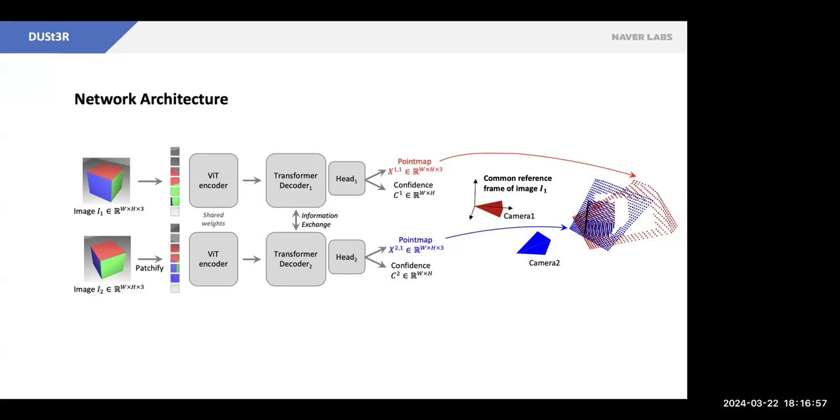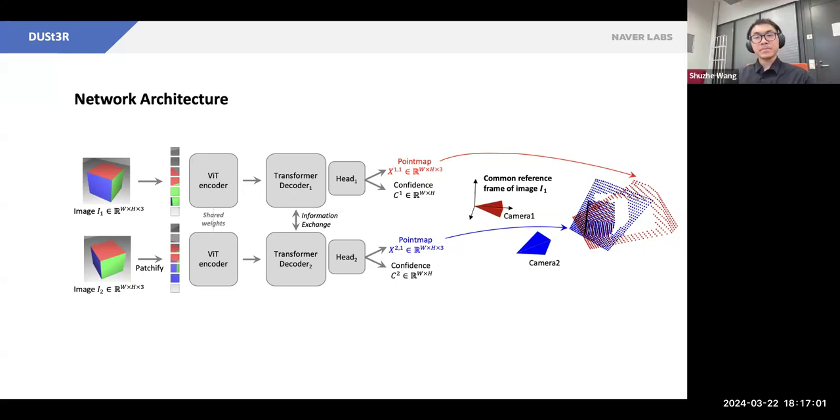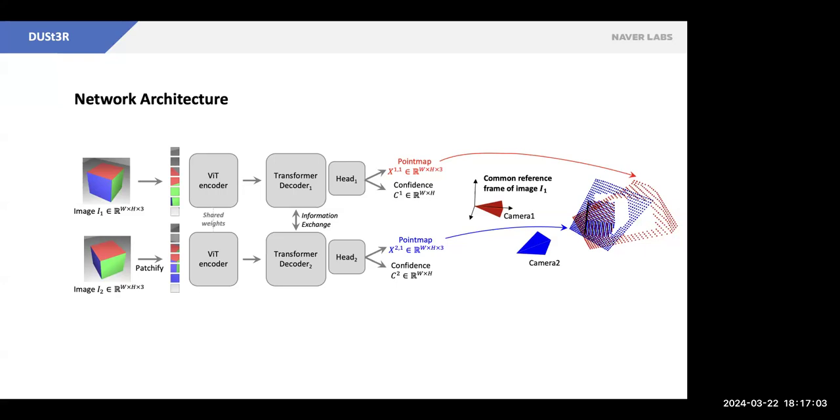Oh, hi. Can you hear me? Yep. I have a question. You mentioned that you will map the point map of camera 2 to camera 1, right? But I am wondering about the point map coordinates in camera 1's coordinate system.